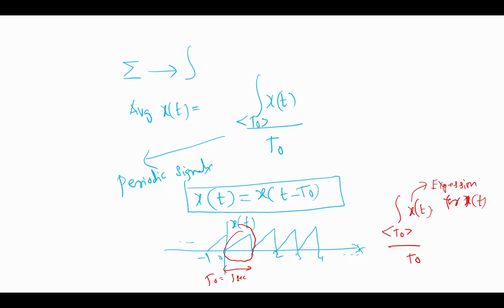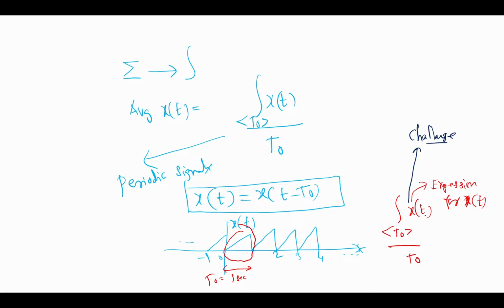Once you know the expression for x of t, all we need to do is take the integration. It's very straightforward. So this is the only challenge to find the average value of x of t. All we need to do is get the expression for x of t and integrate it over one time period. That gives rise to what is called the average value.